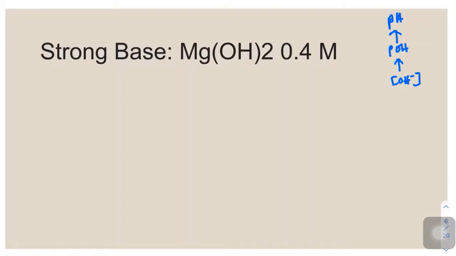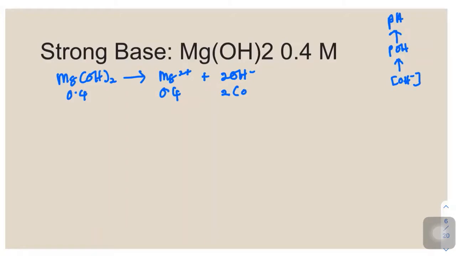For magnesium hydroxide, Mg(OH)2, during dissociation it will turn into Mg2 plus and 2 hydroxide ions. So if we have 0.4 molar of magnesium hydroxide, it will dissociate into 0.4 molar of Mg2 plus and 2 multiplied by 0.4 molar of hydroxide, because we have 2 moles of hydroxide. So it is equal to 0.8 molar.